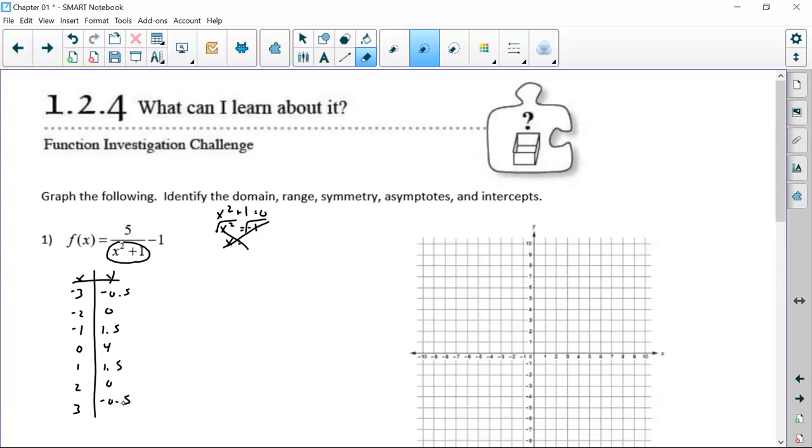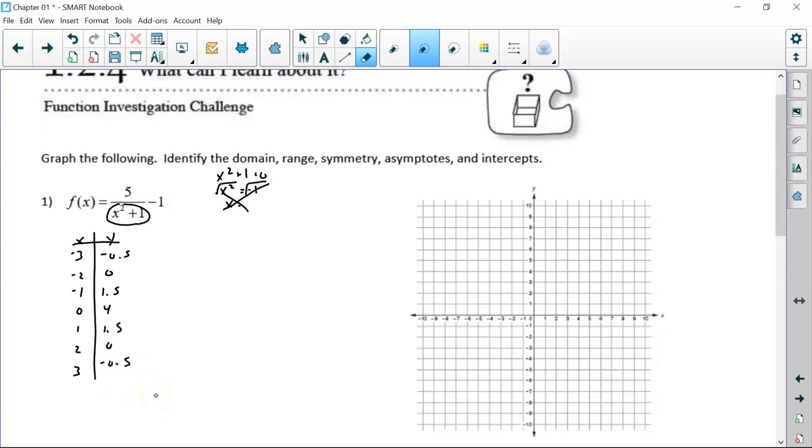So we can graph those points: negative 3, negative 0.5; negative 2, 0; negative 1, 1.5; 0, 4; then 1, 1.5; 2, 0; and then 3, negative 0.5.